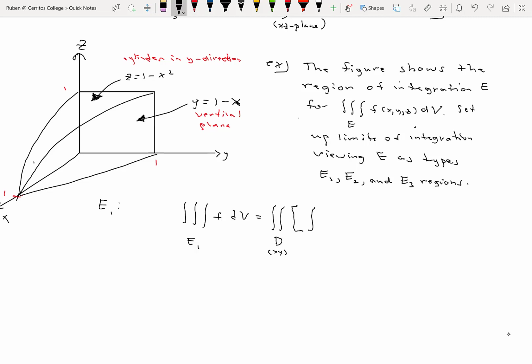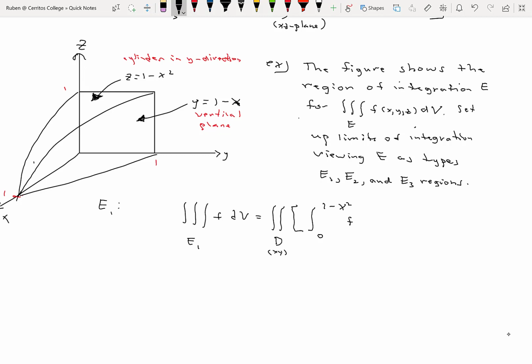Well, our surface, I hope you're able to view this surface as a surface that lies completely in the first octant. And the surface below is the xy plane. It lies within that triangle pictured in the xy plane. So the surface below is z equals 0. The surface above is z equals 1 minus x squared.